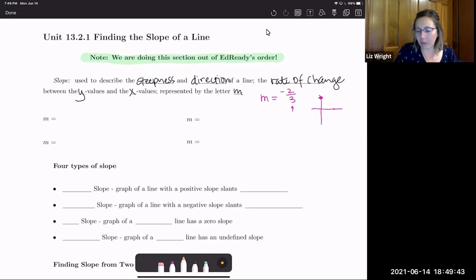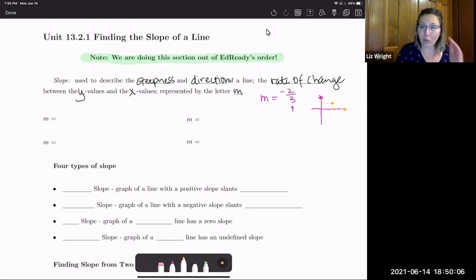Our rate of change says, okay, if we've got this point on our line, the next point is going to go down 2 and right 1, 2, 3. And then we would graph that point. And then we'd go down 2, and it would go right 1, 2, 3. And then we would graph our line between that.